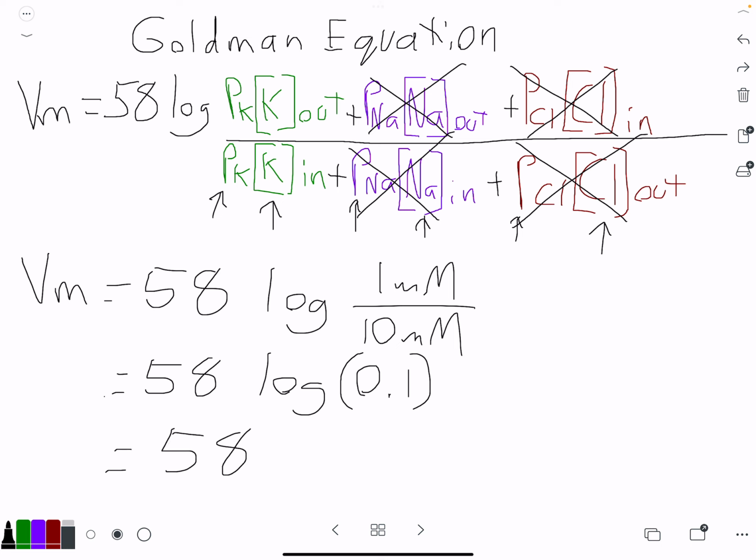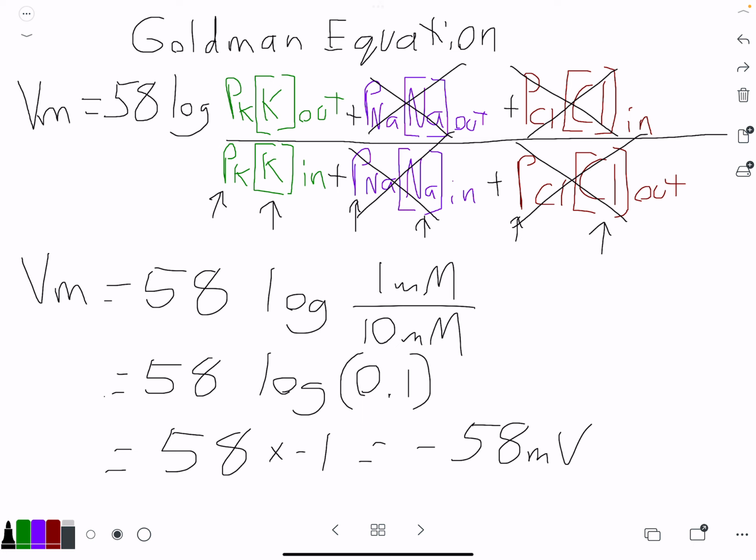And so this equals 58. If you've got your log base 10 tables memorized, this is relatively easy, at least with the numbers we're working with, or grab a scientific calculator. But you'll discover that the log of 0.1 equals -1. So 58 times -1 equals -58, and our units are millivolts.